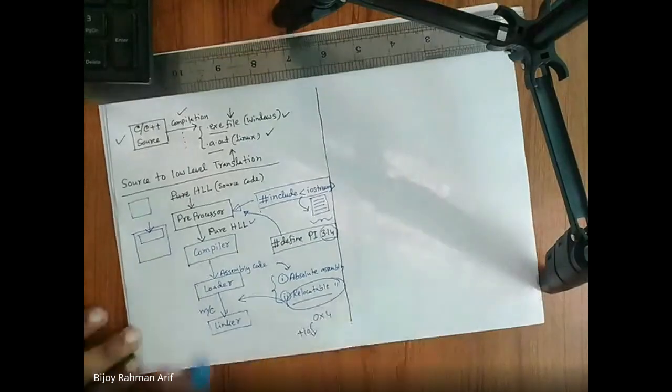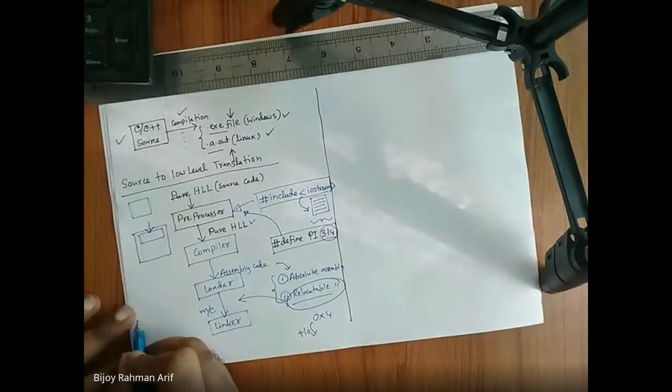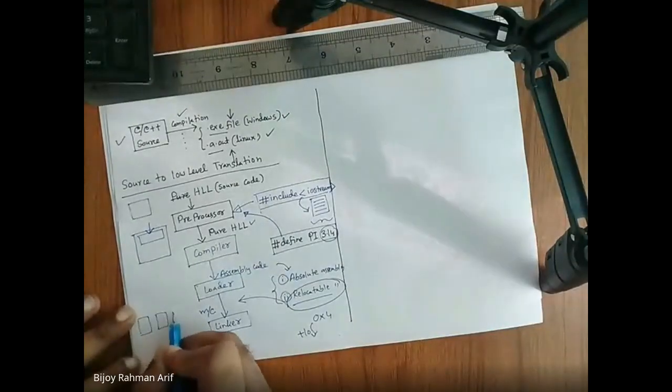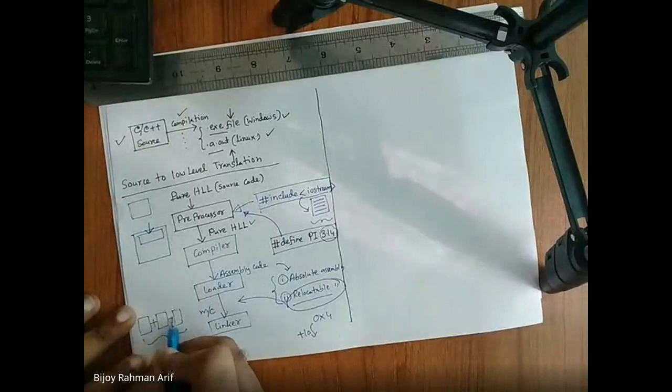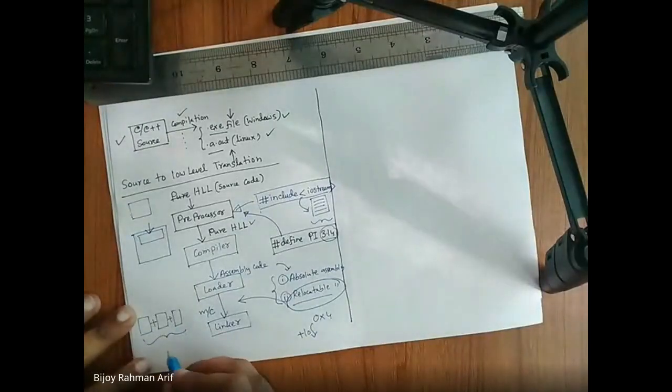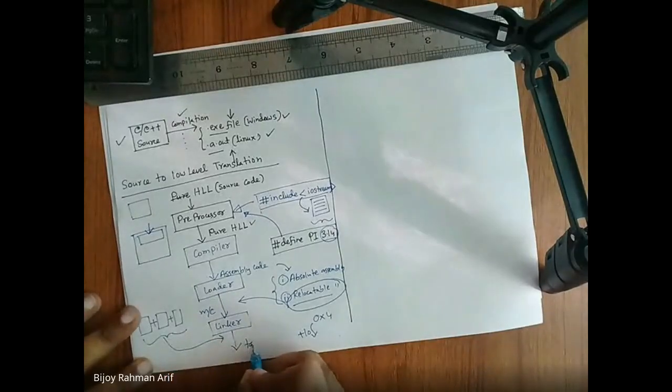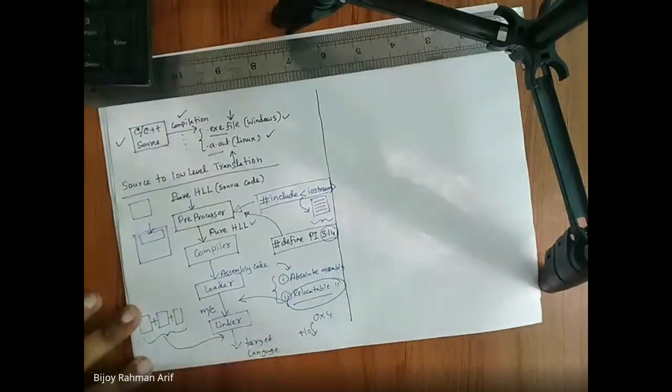Your files might be separated. There might be one file here, another file here, another file here, but all together they constitute one file. So the linker is going to add all those files, and finally it is going to create the target language. And we are done with this.